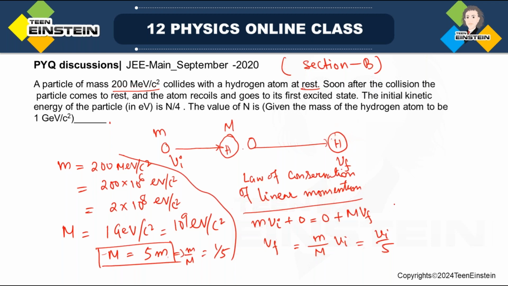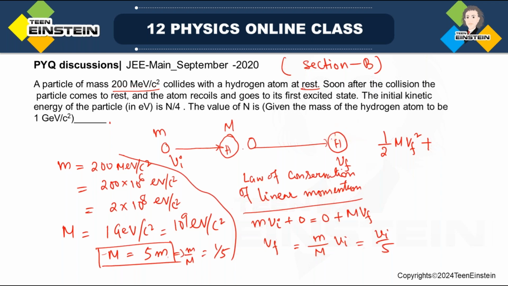Okay. So this recoil energy, I can write half M vf square, plus the energy gap between the ground state and the excited state.